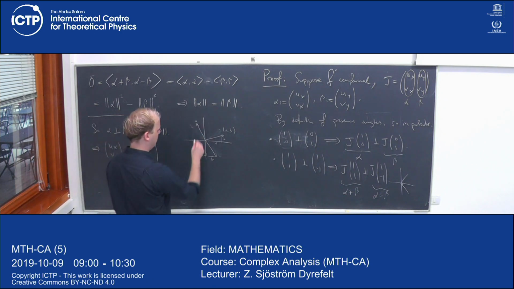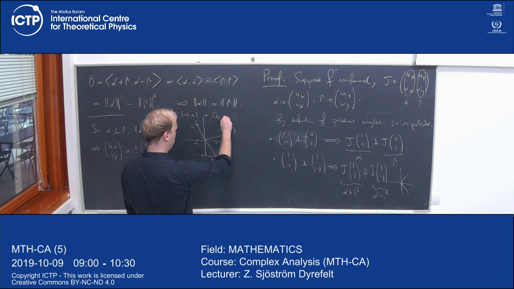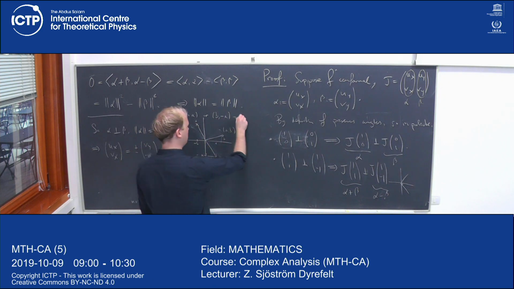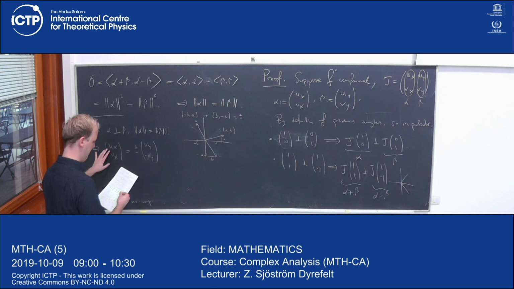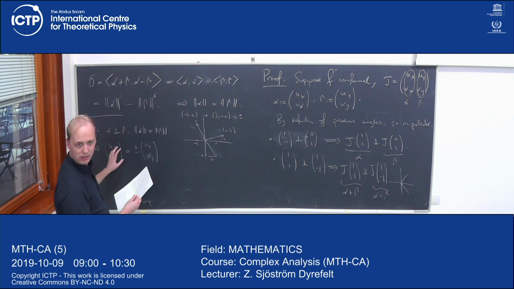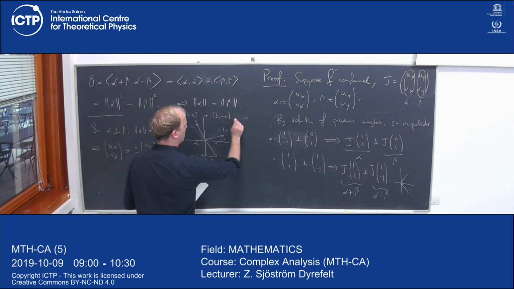So here this one is equal to (-B, A), or here we have (B, -A). So it is equal to plus minus... so what did I have? Yeah, that's it. Is it correct? I got confused. Okay, good.